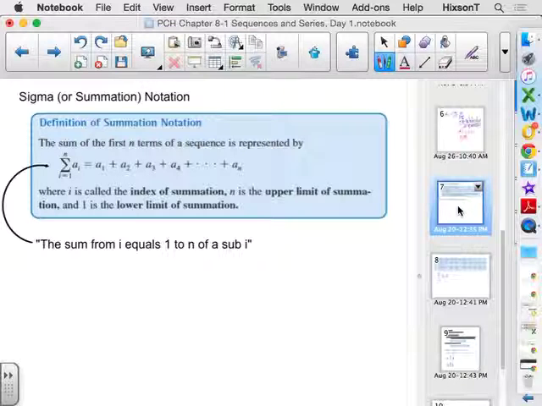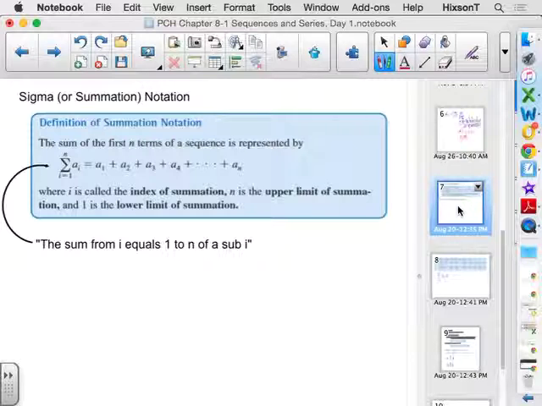The reason why we have 2 names: a summation or sum, adding things together, that's what we're doing here. We're adding a bunch of stuff together. It's called sigma notation because this symbol right here is the Greek capital letter sigma. It's the Greek letter S, but it's called a sigma.